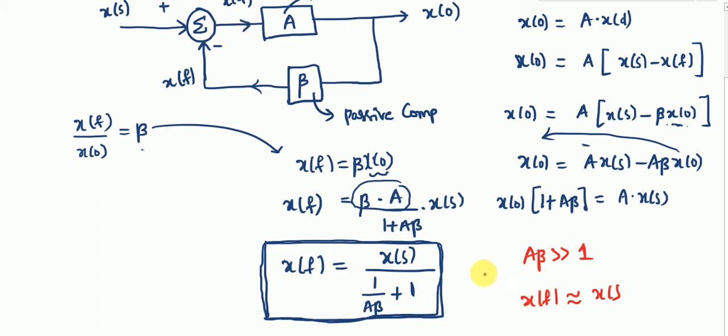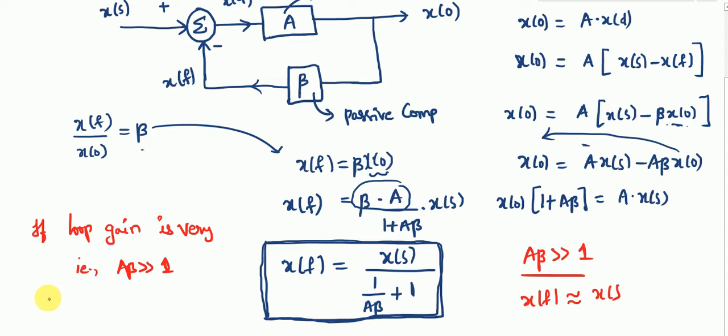So if the loop gain is very large, that means A beta is much greater than 1, that is one case, and there should be a negative feedback.